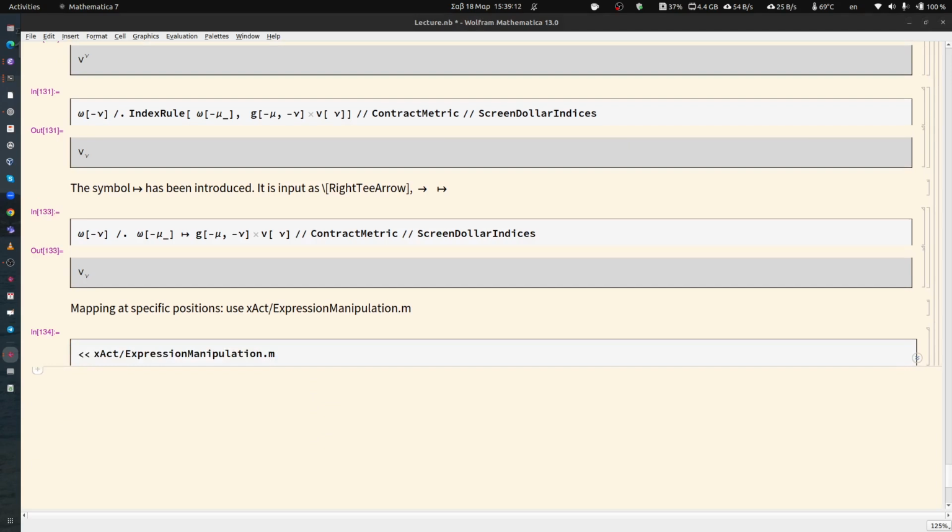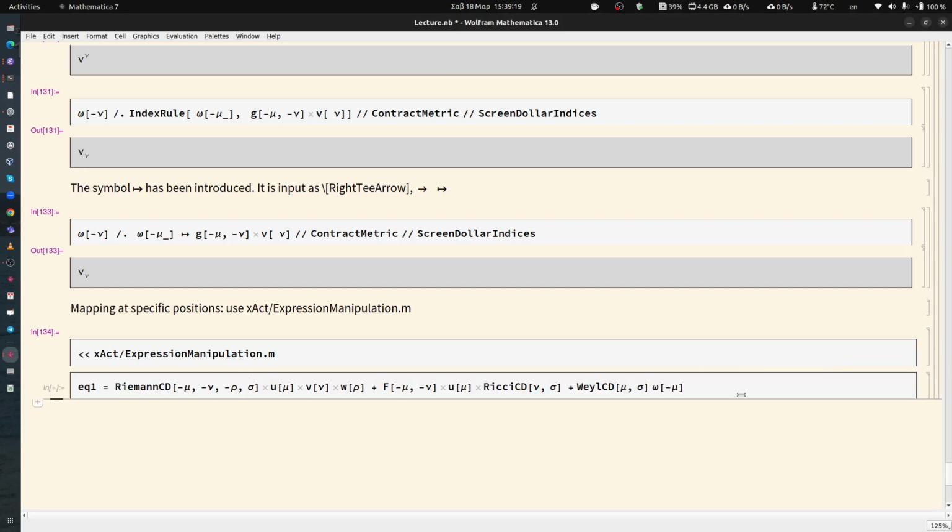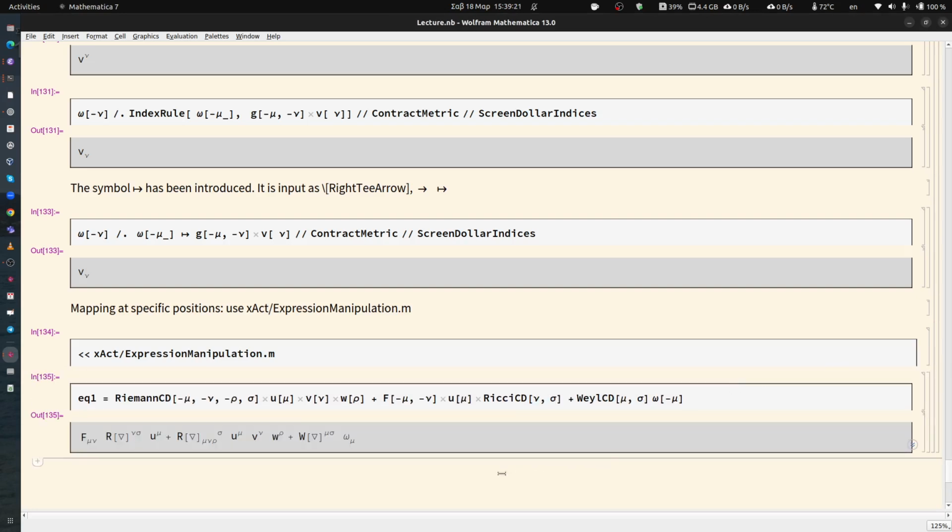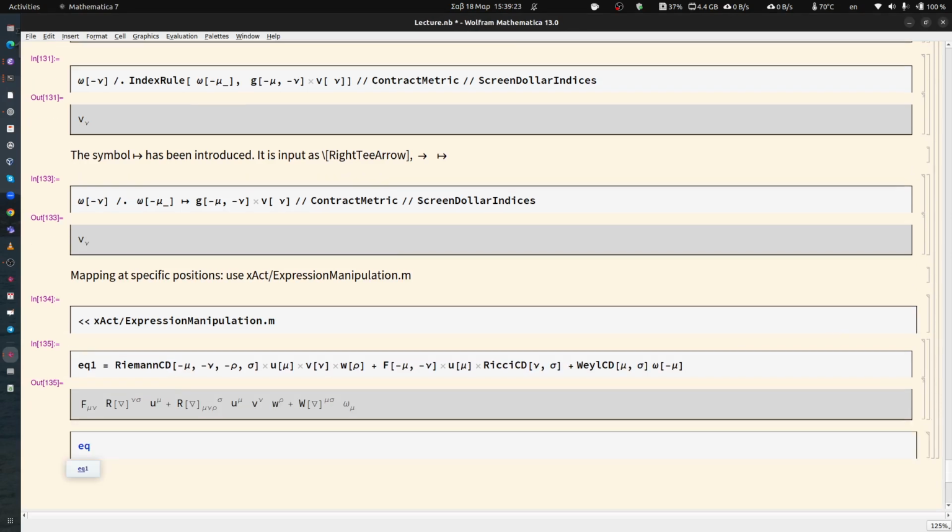Now, let's write a tensorial expression here. We call it equation 1. So that is equation 1.